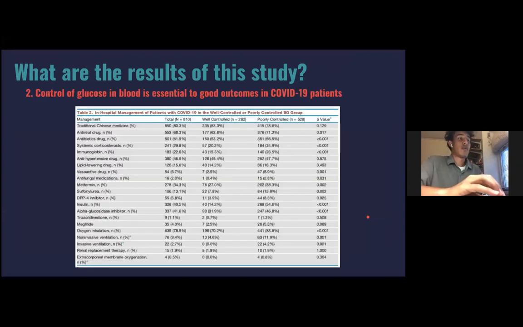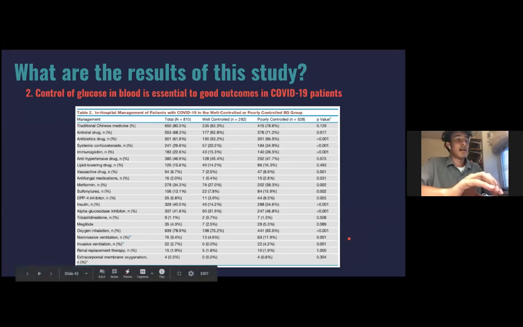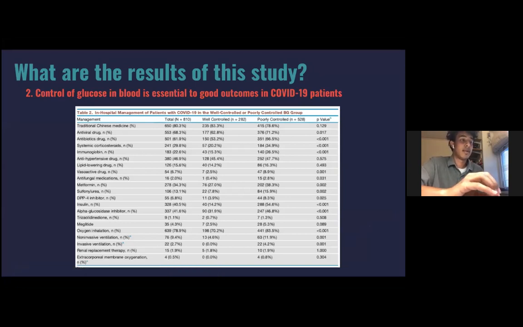Okay, so the second major result from this study was that control of glucose in the blood is essential to good outcomes in COVID-19 patients with pre-existing type 2 diabetes. The first chart that I'm going to present for this result is similar to the previous one.